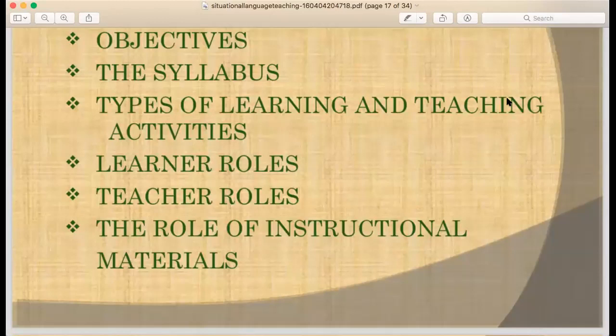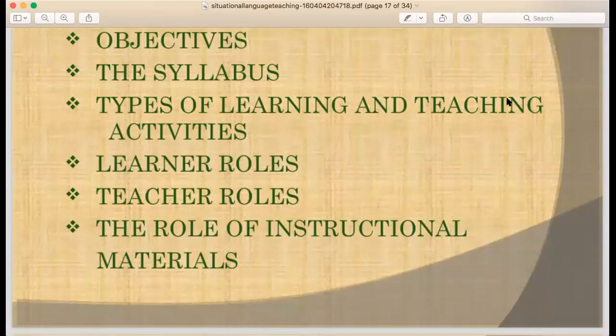Now, I cannot revise all the theories of language and all the theories of language learning. Okay, but what I can tell you right now is that approach is the theoretical underpinning of any method. The theory or theories that form the basis of a method is called as approach.